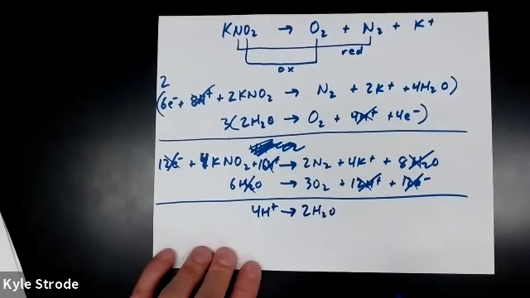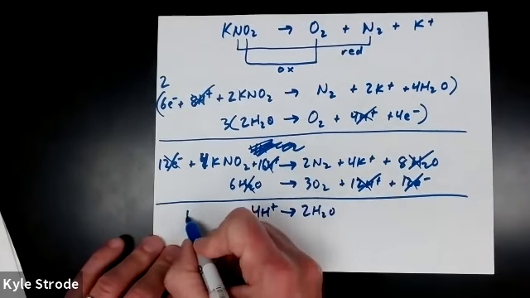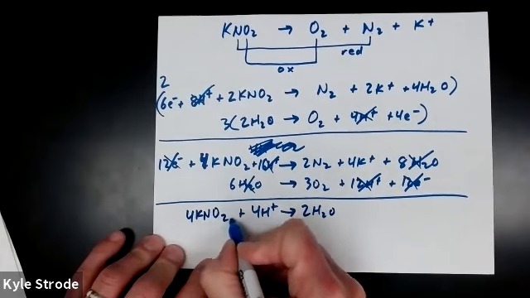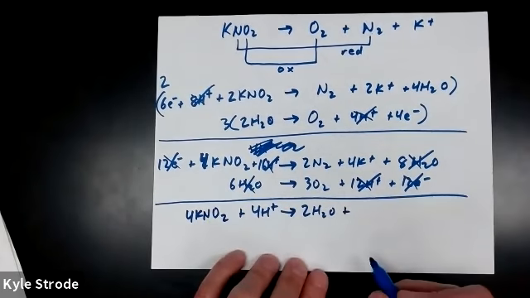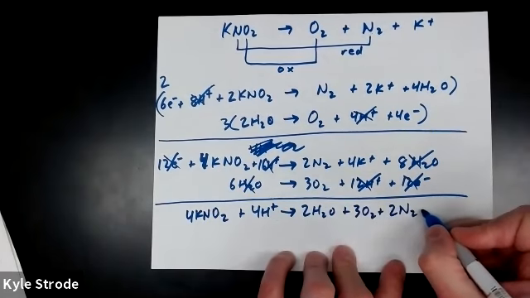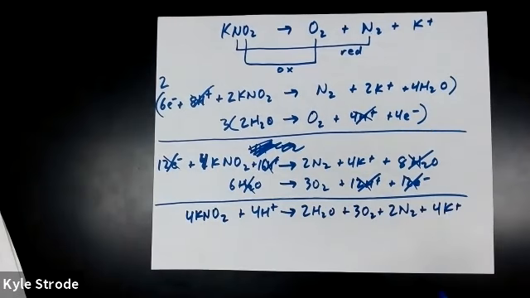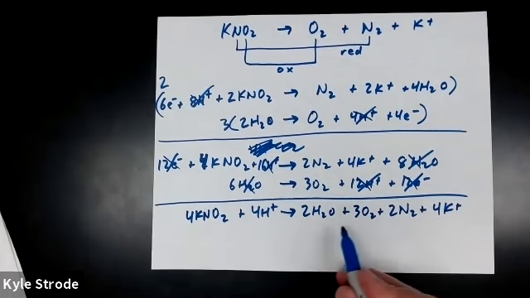Then everything else can simply be brought down. On the left, I have 4 KNO2s, and on the right, I've got my 3 O2, 2 N2, and 4 K plus. Let me check to see that I did all of this right.